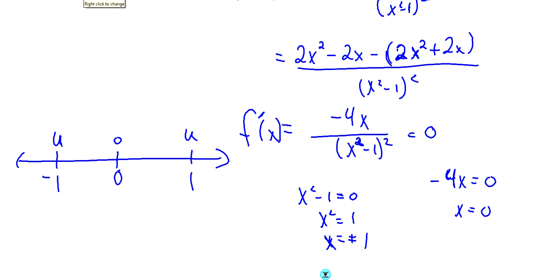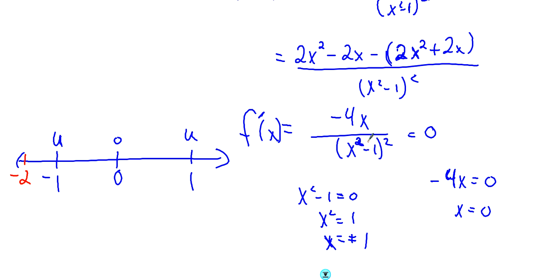We're just plugging in numbers. So here I'm going to plug in negative 2. Now the bottom will always be positive, because it doesn't matter what I plug in for x, I'm then going to square it, which is going to be positive. So the only thing that's going to change my derivative is the numerator, this negative 4x. Because if I plug in a negative number here, it's going to become positive.